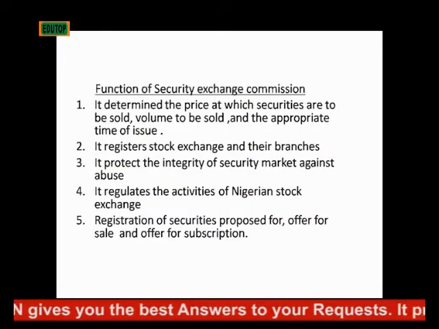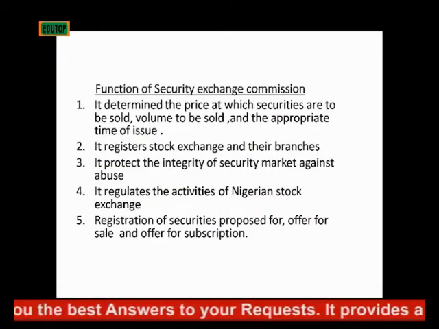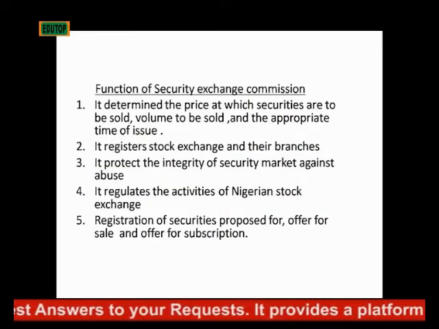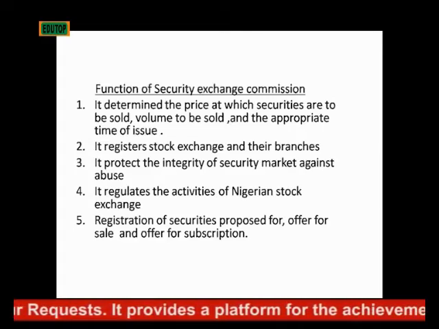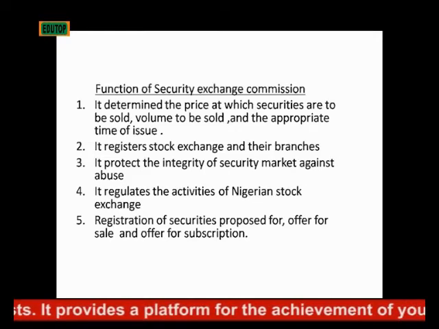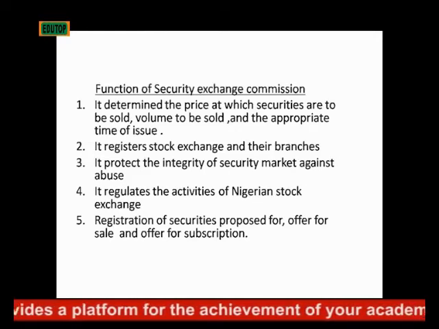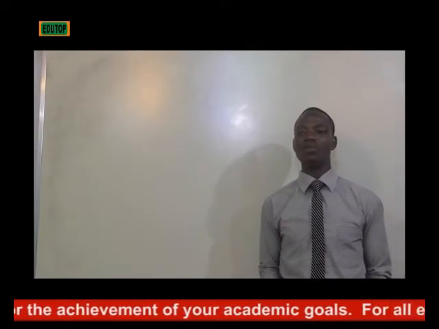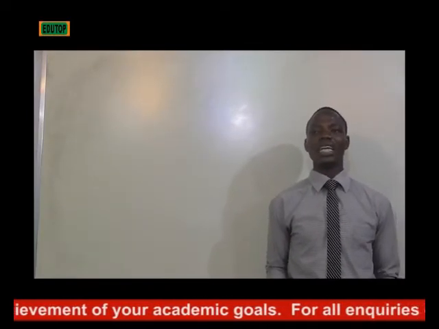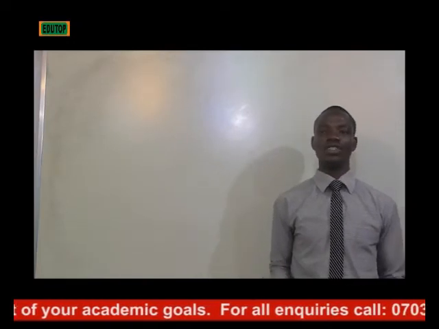Now, what are the functions of the Securities and Exchange Commission? Number one, it determines the price at which securities are to be sold, the volume to be sold, and the appropriate time of issue. The price of securities and the volume to be sold is decided by the Securities and Exchange Commission.